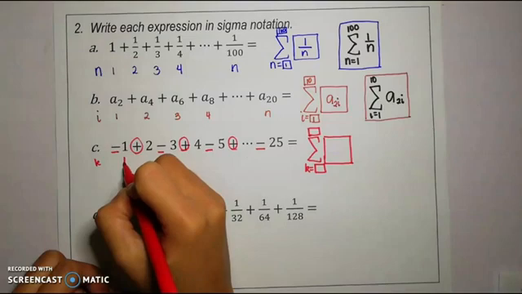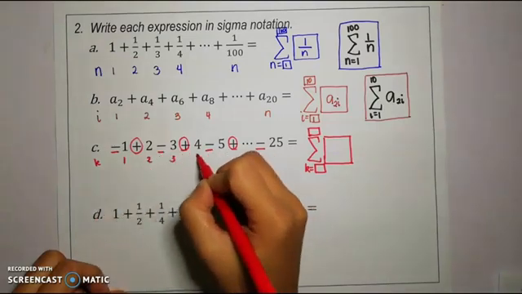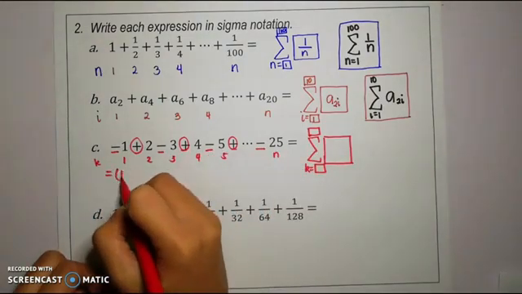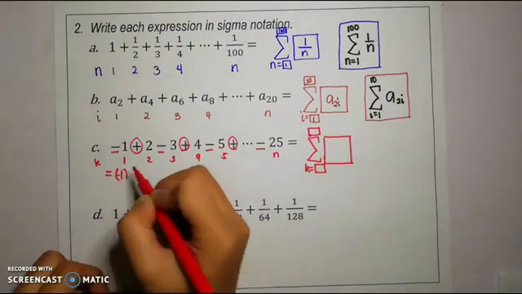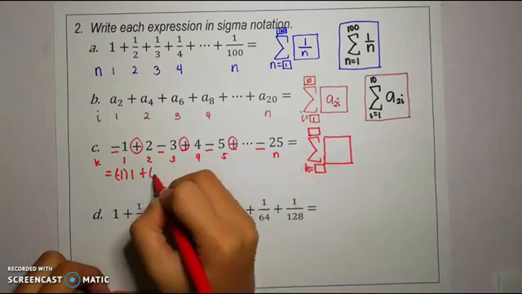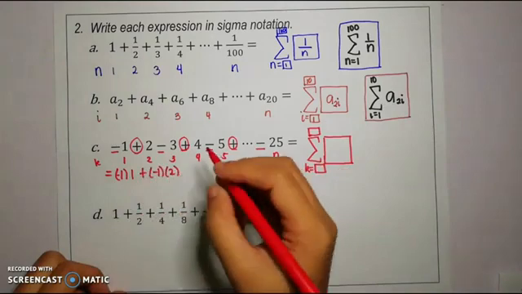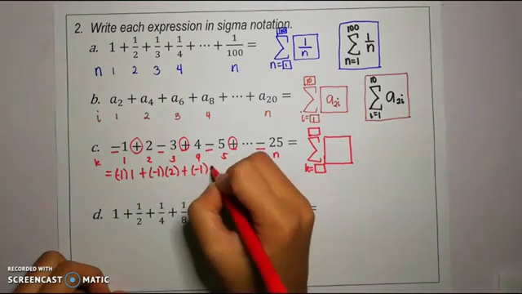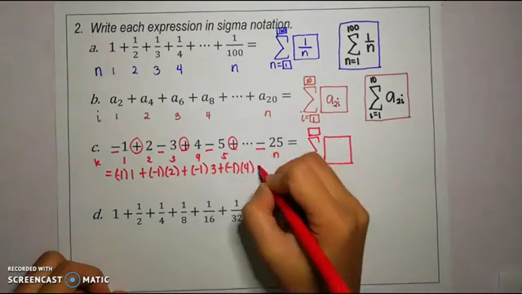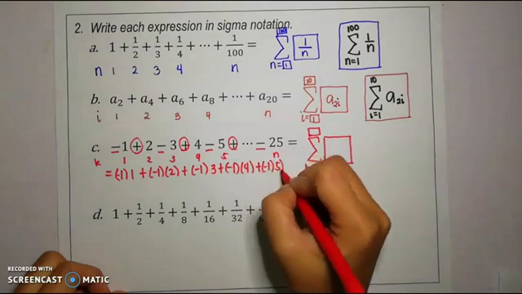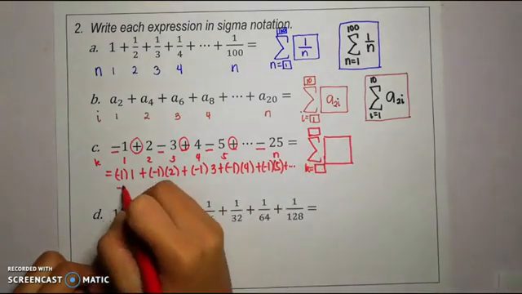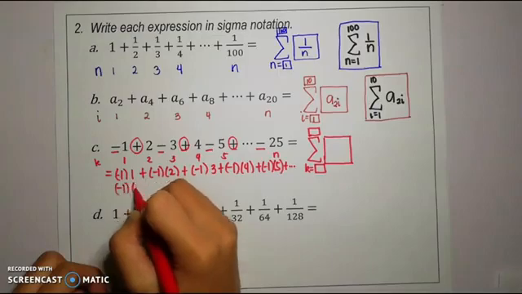So we have k, and we'll put 1, 2, 3 underneath the terms. We can see that it involves negative 1, which we multiply by the kth term: negative 1 by 2, by 3, by 4, negative 1 by 5, until we reach 25.